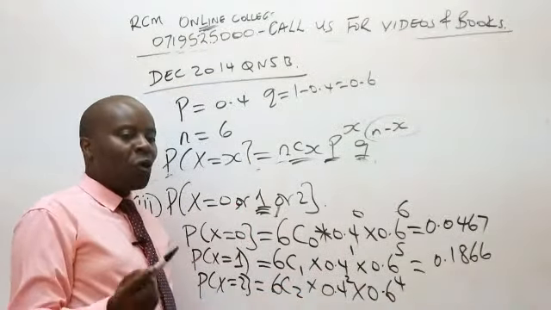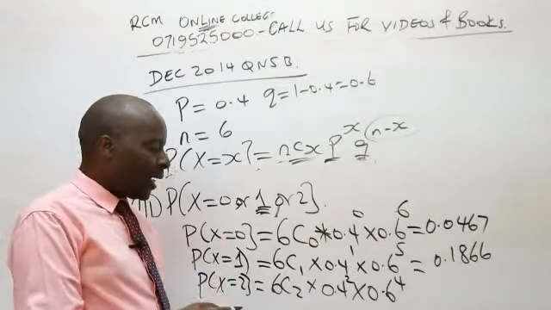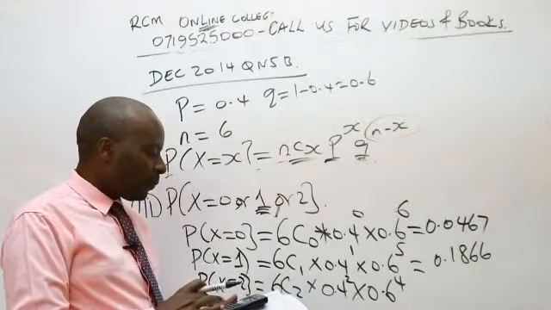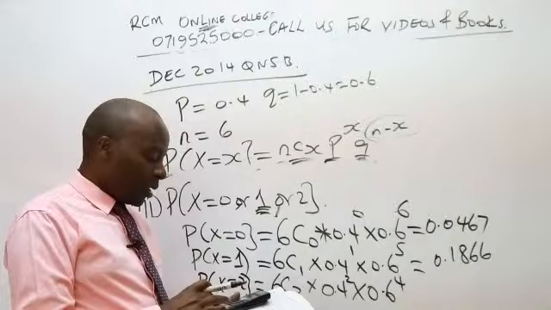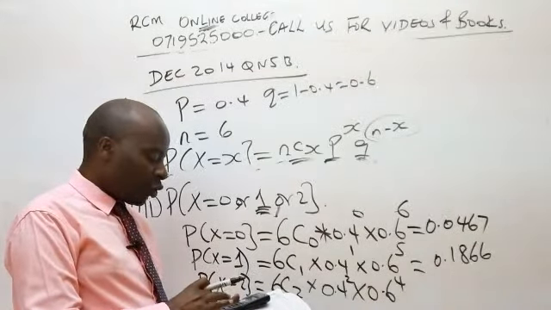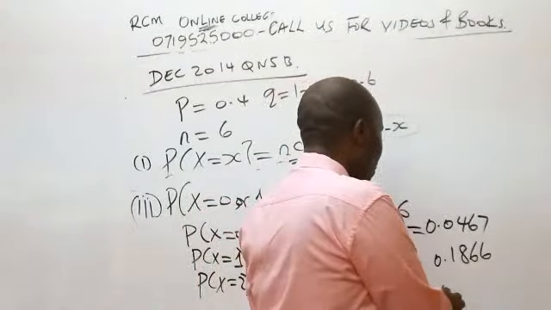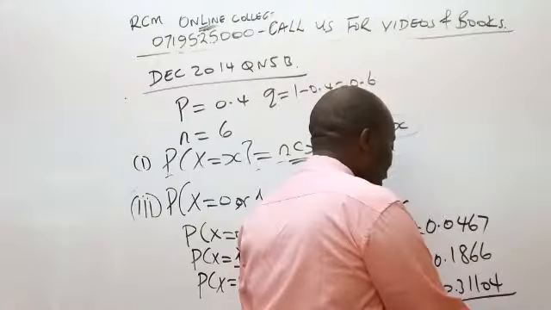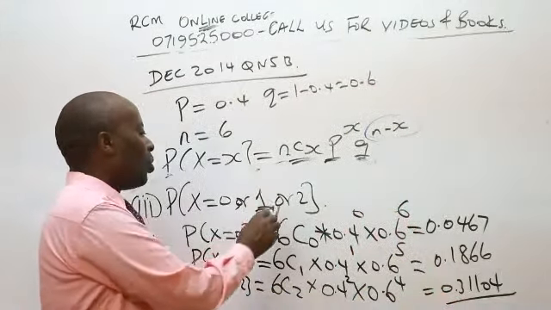The two powers must always add up to N. So this gives us 6 combinations 2 times 0.4 raised to power 2 times 0.6 raised to power 4, which at the end of the day gives me 0.31104.